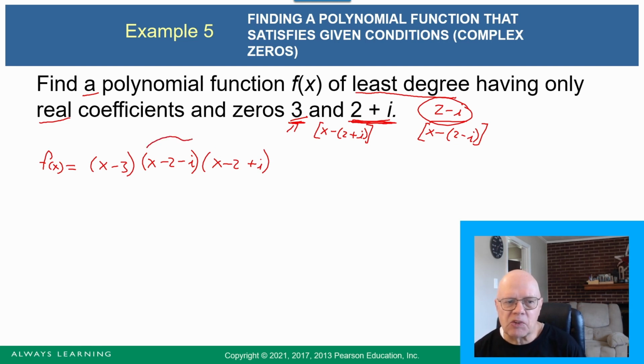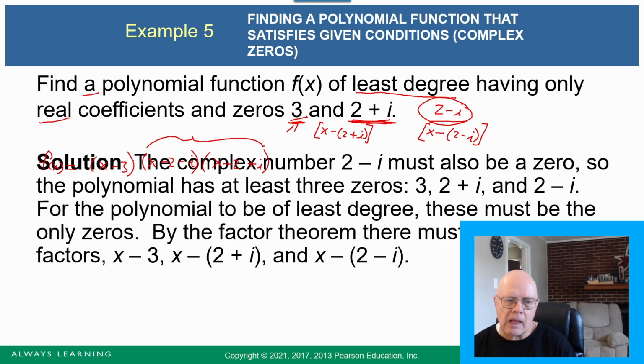Multiply these two together first. When you get the result, then multiply that times x minus 3. Remember, this is going to be a little bit of a long one. It's a third degree, so you might have up to 4 terms. So there are your factors down here. And we simplified them, or I did.